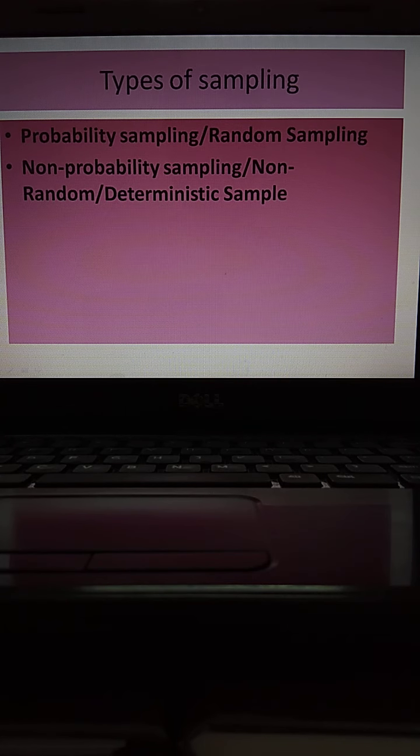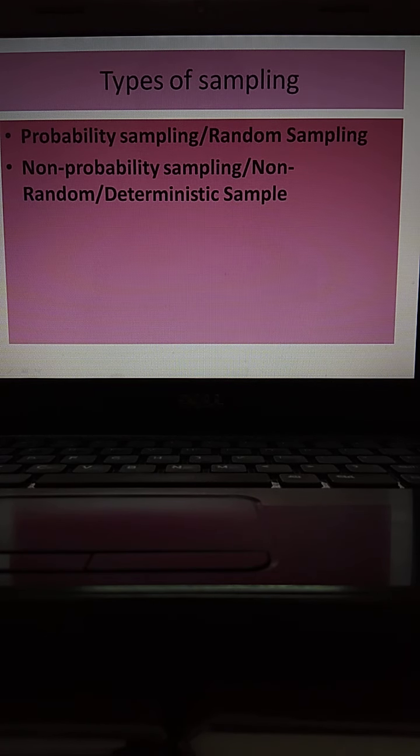Most of the time, the results established by using probability sampling methods are error-free. Whereas the results established based upon non-probability sampling methods are going to be ineffective. So these two are known as the types of sampling.